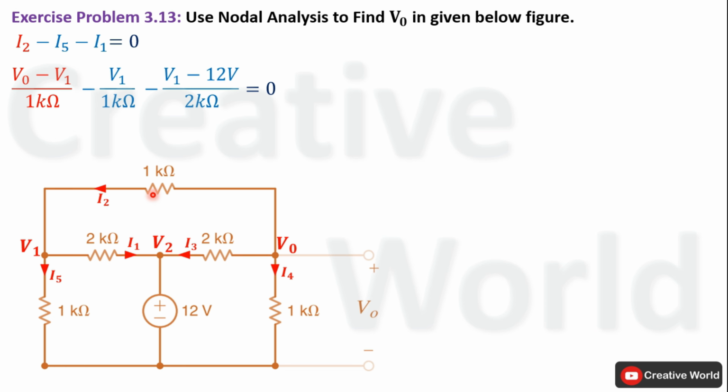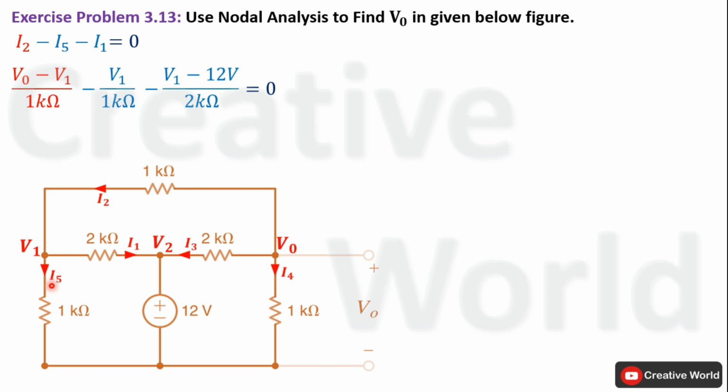So the current through this resistance will be equal to the voltage across this resistance divided by the value of the resistance, and the voltage across this resistance will be equal to the difference of these 2 node voltages. Now the direction of current I2 is from this node to this node, which indicates that voltage V0 is at a higher potential than V1. That's why we have taken the difference of these 2 node voltages as V0 minus V1.